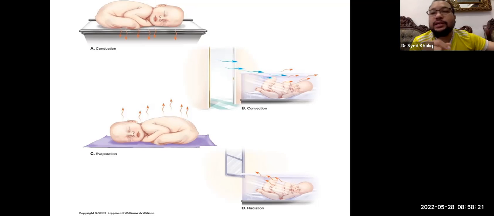This is very important if you understand things like tepid sponging. For children, people always do tepid sponging. What do you understand by tepid sponging? How do people usually do tepid sponging?